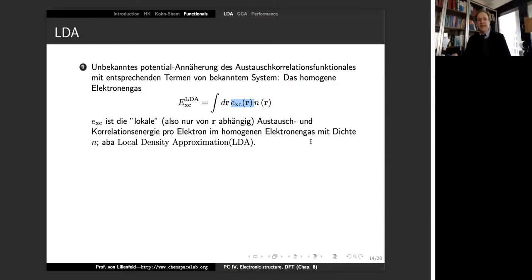Now, in the LDA functional, we approximate this E to correspond to what you would get for the homogeneous electron gas. But this N here in your expression varies, of course, as you approach the atoms, right? If you have a molecule and not some box.